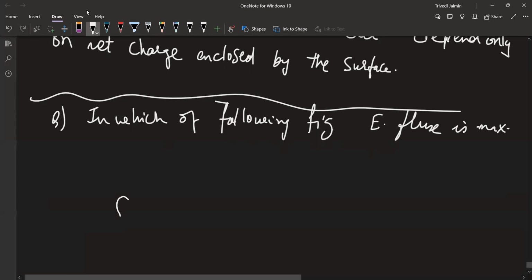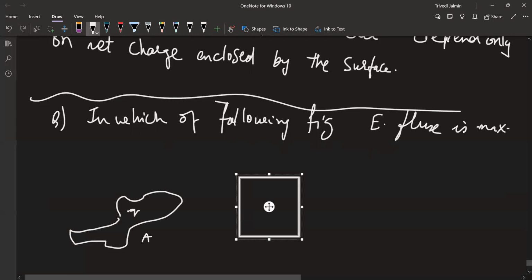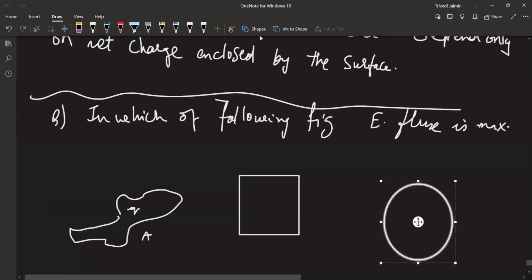Let me draw some surfaces. A. B. C. Which one? Answer this.